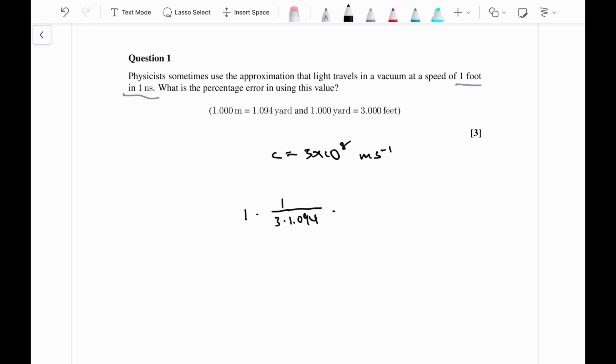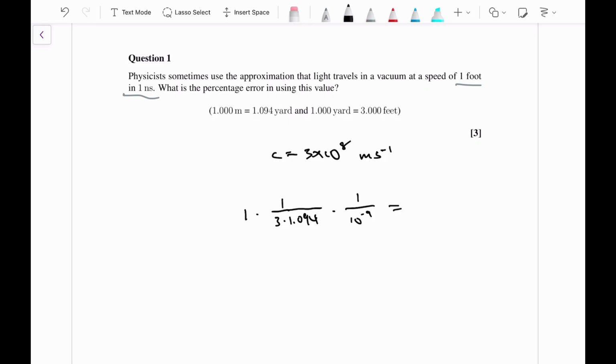And then we have to convert from nanoseconds to seconds. So in this case, it is per nanosecond. So it's 1 over 10 to the power of minus 9.